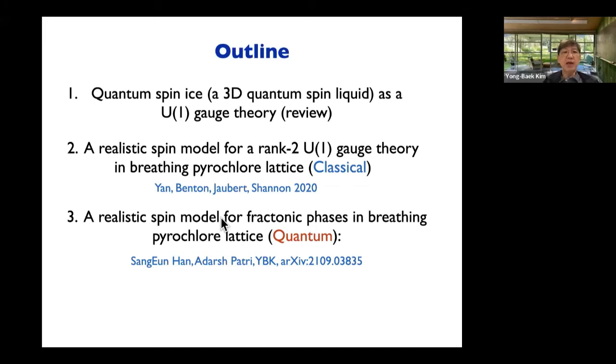One is quantum spin ice, which gives us the usual U(1) gauge theory, the rank 1 theory. I'm going to give you a very brief introduction to this. I know all of you are familiar with it, but it will be useful to recall what happens there. Then I'm also going to use the idea proposed by Nic Shannon's group at OIST, who proposed a spin model for rank 2 U(1) gauge theory in the classical limit. So what I'm going to do is find the corresponding quantum model for that. That's basically the outline.